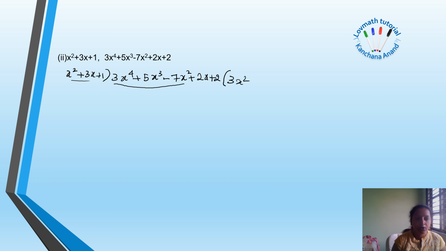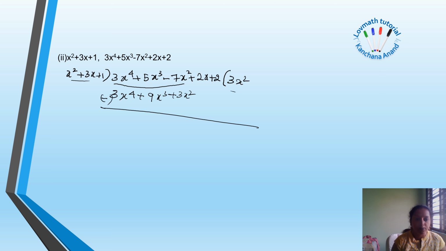Therefore, 3x square into x square becomes 3x to the power of 4, and 3x square into 3x becomes plus 9x cube, and 3x square into 1 becomes plus 3x square. Now let us subtract this.